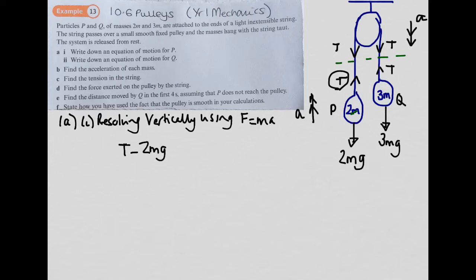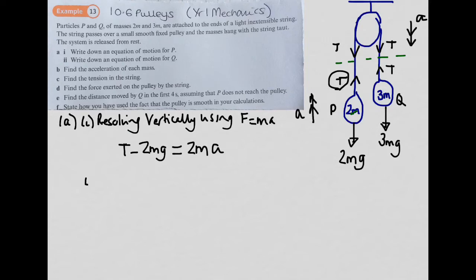So T that I just circled there is going in the direction of the acceleration of the motion, and 2mg is acting against it, so we take that off, and that must equal our mass, which is 2m multiplied by our acceleration. So we have our equation now for P, which is T minus 2mg equals 2ma.